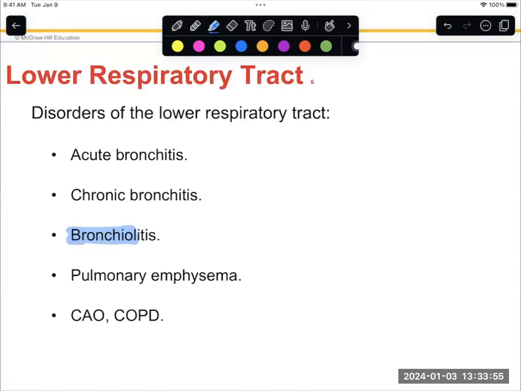Pulmonary emphysema. This is a type of COPD, chronic obstructive pulmonary disease. In these people, a lot of those little alveoli get destroyed. So those air spaces are a lot larger.